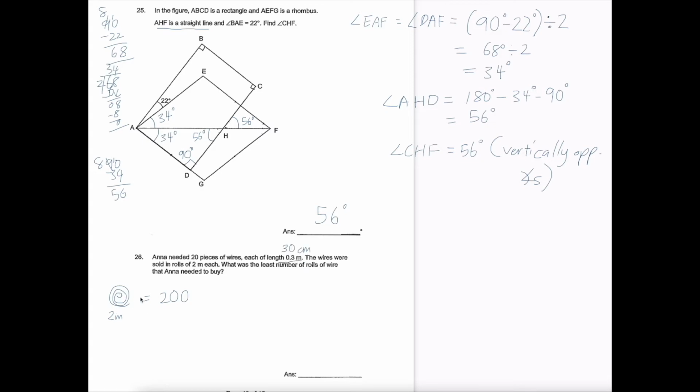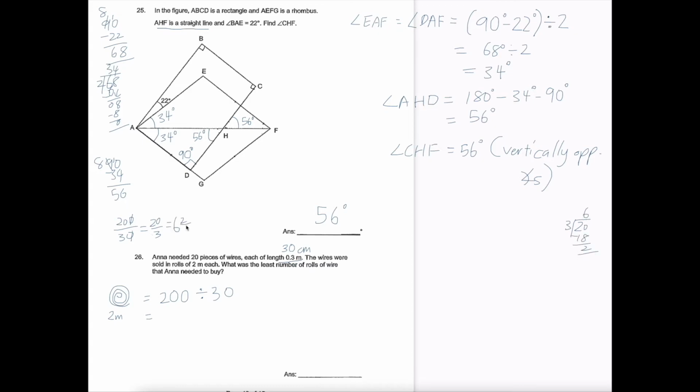So from one roll, how many 30 cm pieces can I get? I'll take one roll, which is 200 cm, and divide by 30 cm. 200 over 30, I cancel away the 2 zeros, top and bottom, it's 20 over 3. 20 over 3 is 6 2/3.